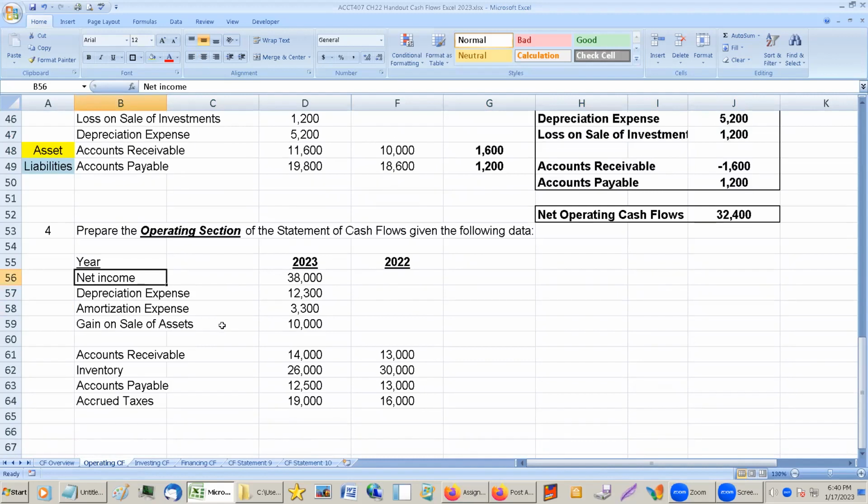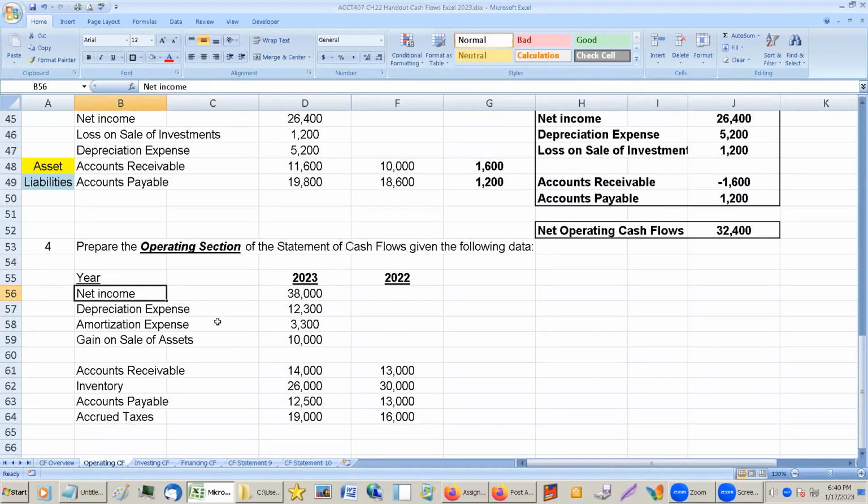Okay. Let's jump into the operating section then down here. This accrued taxes is a liability. Accrued just means owed, basically.